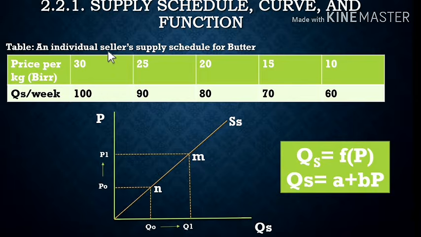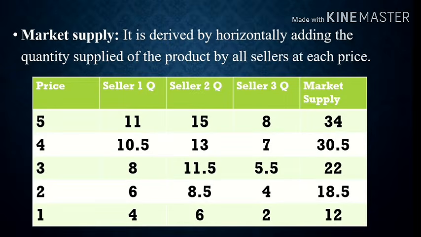Until now we have seen an individual seller. In demand, we saw the individual demand schedule and the demand curve. Now let's show market supply. What does market supply mean? It is derived by horizontally adding the quantity supplied of the product by all sellers at each price.